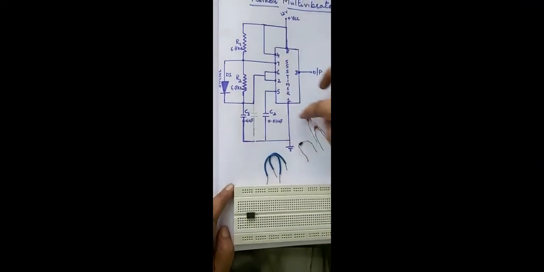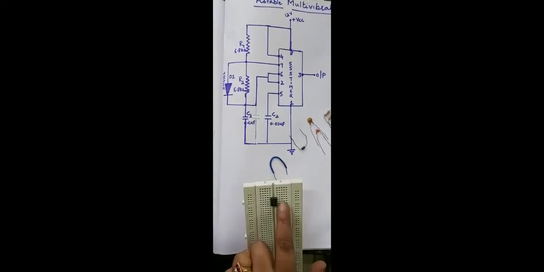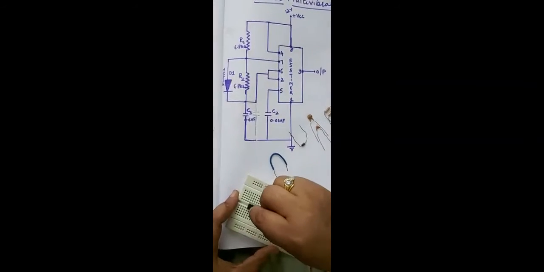As you see the circuit here, first you short pin number 4 and 8 with a wire. As you know, the timer is placed on the breadboard. From the left side it is 1, 2, 3, 4, and at the bottom from 8 it is 5, 6, 7, 8. So pin number 4 and 8 should be shorted.